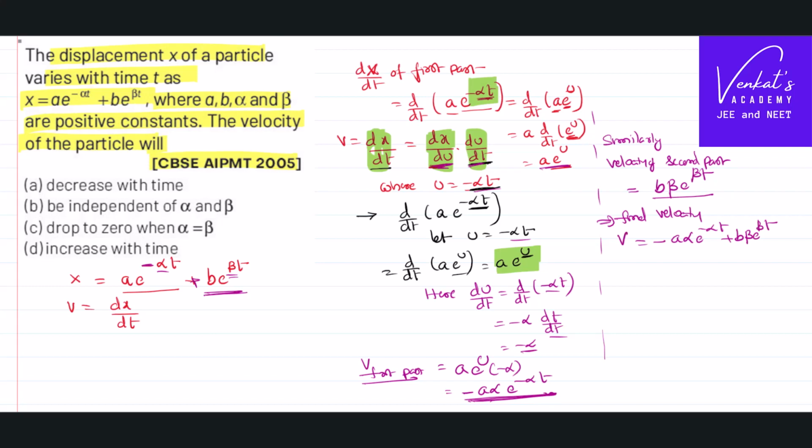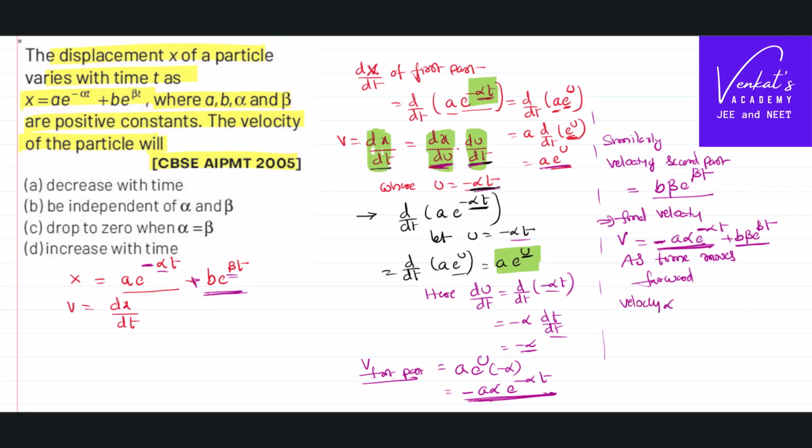That's the velocity equation. Once you get the velocity equation, you can understand that as time moves forward, this first term decreases and this second term increases, because the power is negative in the first and positive in the second. Velocity is proportional to these.